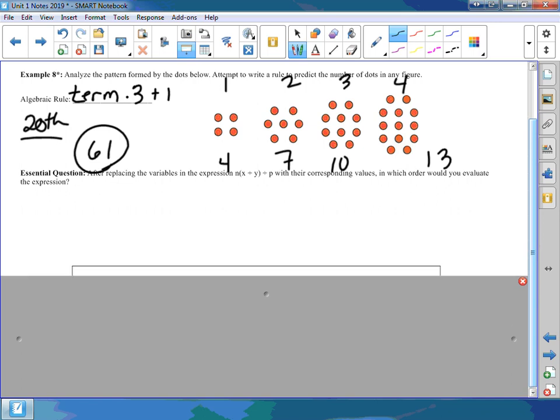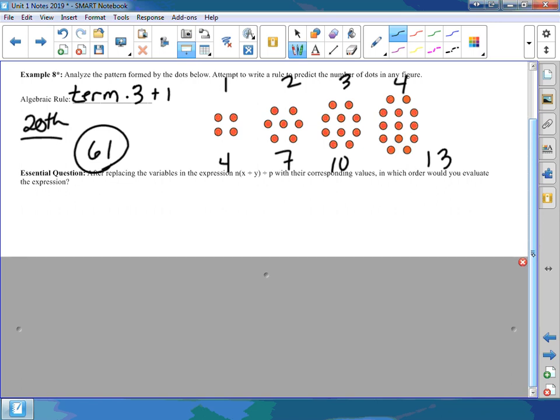The essential question, something that I always want to stress to you because this is the conceptual part. After replacing the variables in the expression, n times the quantity x plus y divided by p with their corresponding values, in which order would you evaluate the expression? All right, well, I'm going to write this just in terms of the steps by the operations.